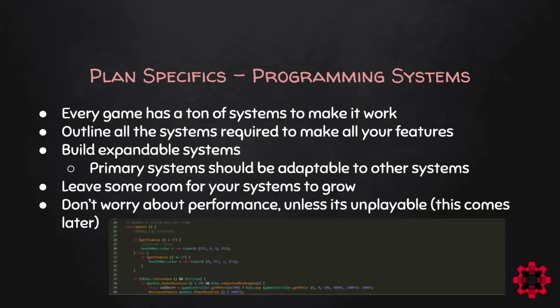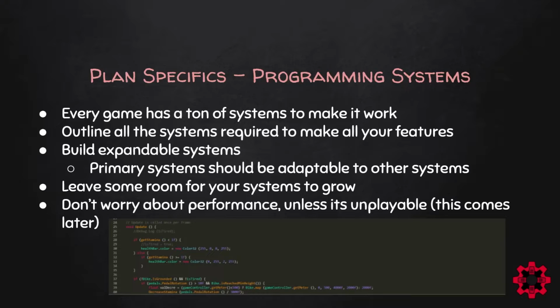A good few examples are, first off, keeping your code clean, making sure you can read your code, and keeping it organized. Please don't have scripts jumbled everywhere or just put into the root folder of your whole game project.